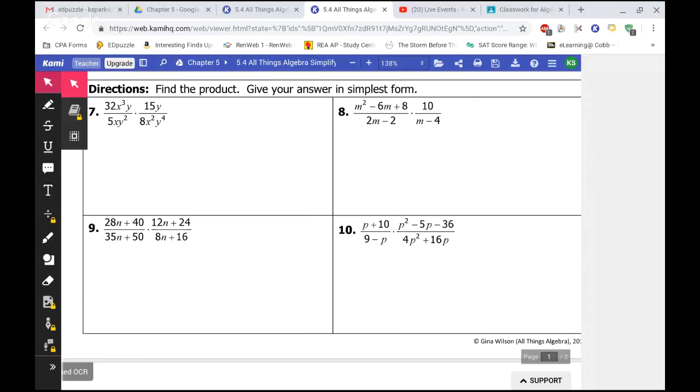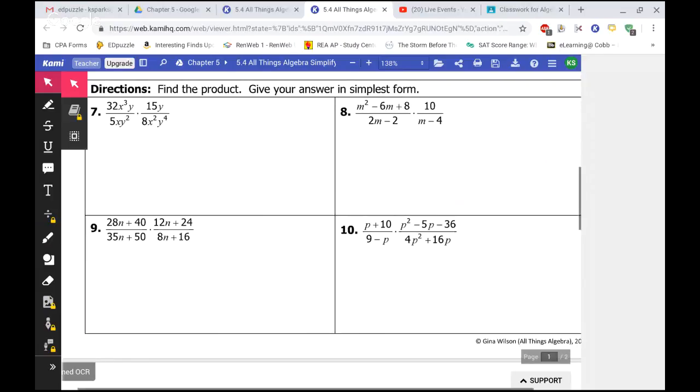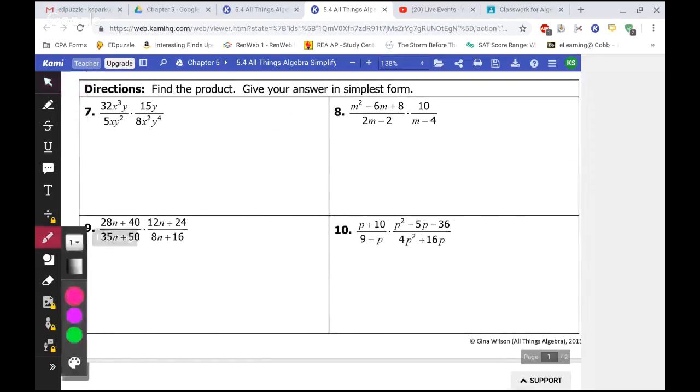Let's multiply through. 32 times 15 is 480. And then x cubed, there's no x's to multiply across. You would add the exponents if there were. There is a y in the numerator of each with an assumed 1 as an exponent.